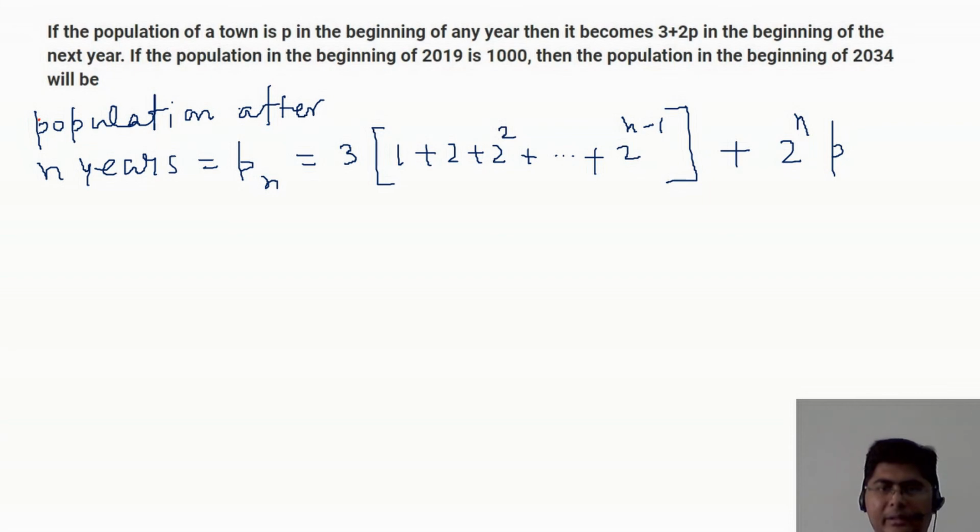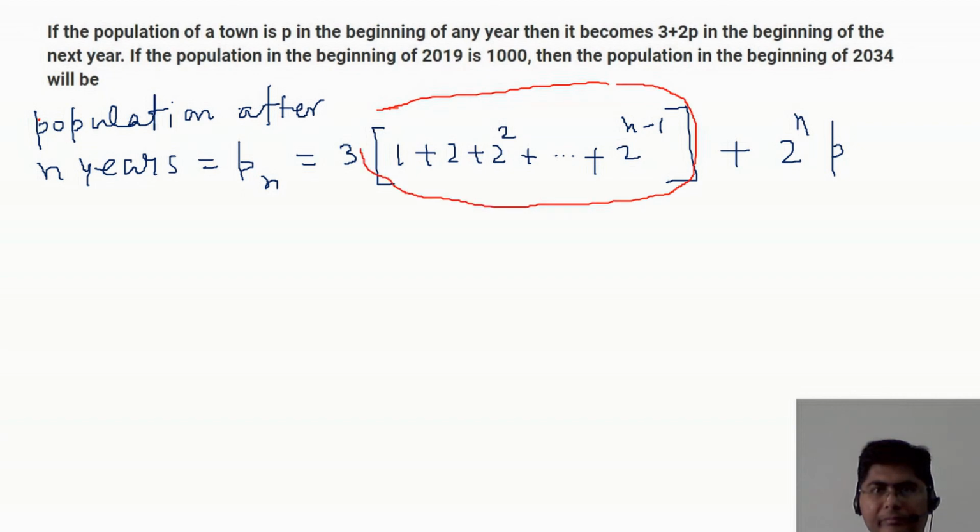Okay, just look at here. How does it look like? It is a GP series. What is the formula of this GP series when common ratio is more than 1?